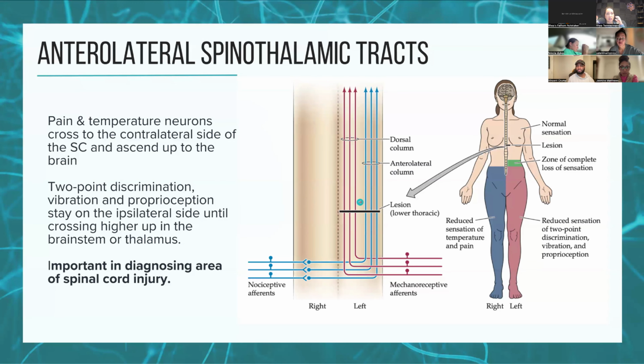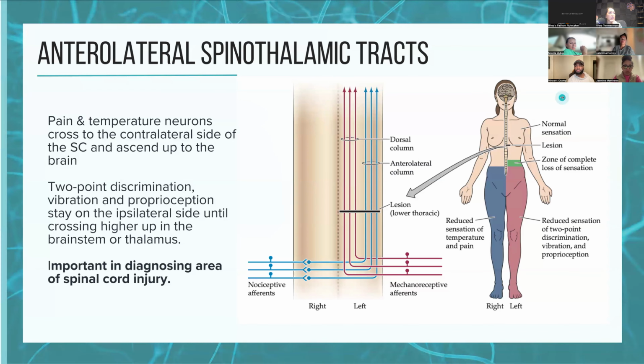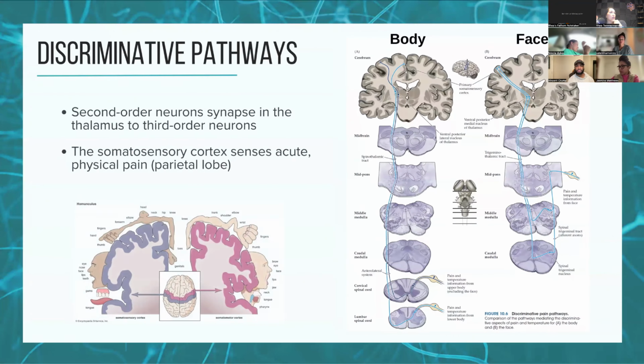This helps you discover where the lesion is and what side of the spinal cord is affected, whether it's the right or the left side, or the central or outer side of the spinal cord. I don't have a lot of time to get deeply into that, but just keep in mind understanding what crosses and what doesn't cross.